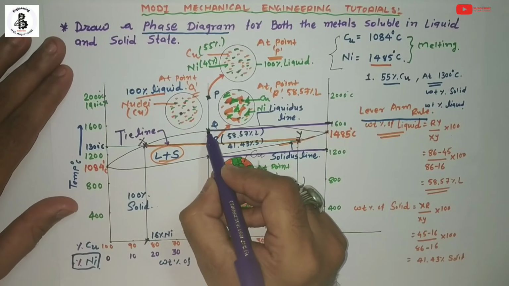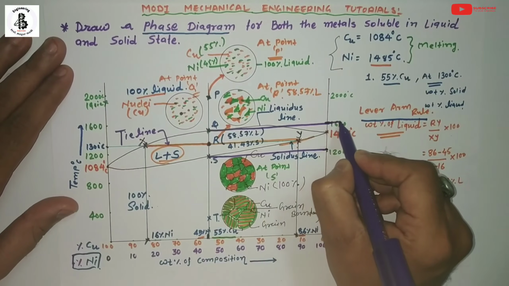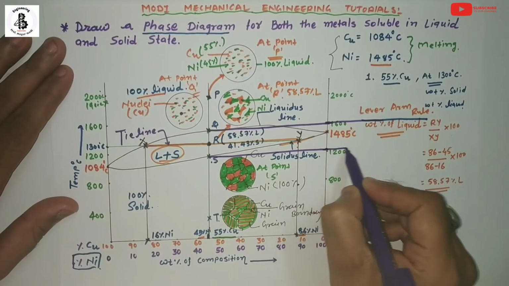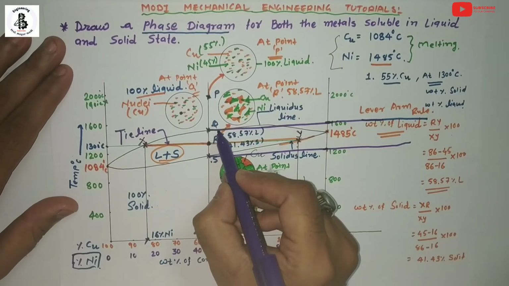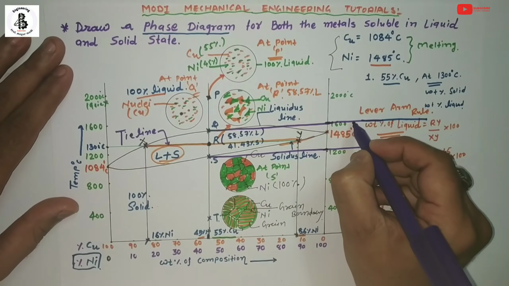This point will be intersecting at a liquidus line, so you can extend it like this. This point will be the starting point of the solidification process.